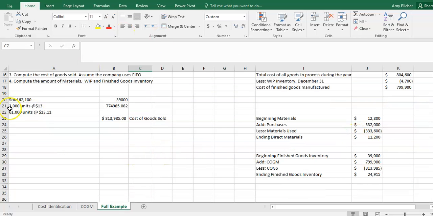The other way to calculate finished goods inventory is over here when we calculated our cost of goods sold, that of those 61,000 units that we manufactured, we sold 59,100 of them. So if we take 61,000 minus 59,100, that leaves us with 1,900 items in our finished goods.